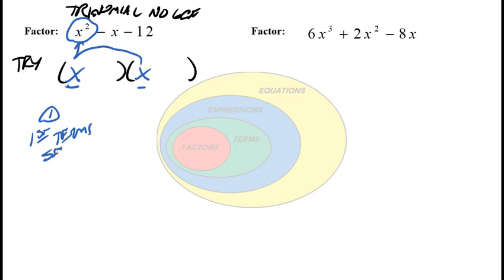So the first terms are pretty much set. So now we're going to try the last term. I know I'm going to try factors of negative 12.